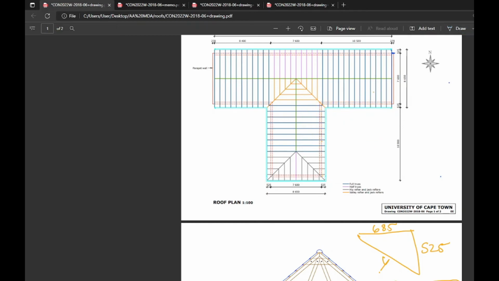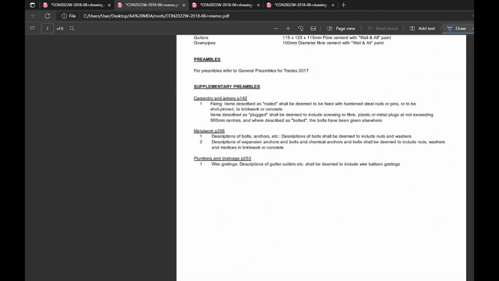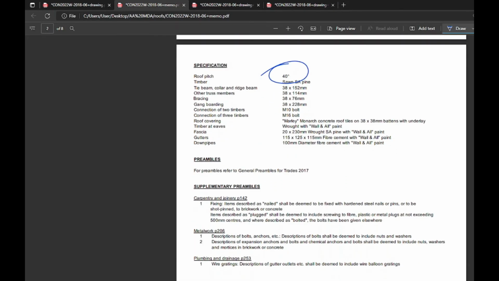So maybe I should check in the spec, and maybe it explains to us a bit more about why we were making these wrought. Timbered eaves. There's our explanation. So, because the spec says so, okay, we can assume that these are exposed eaves. Okay?